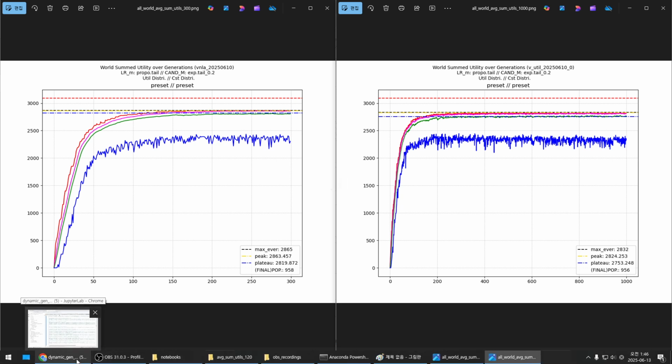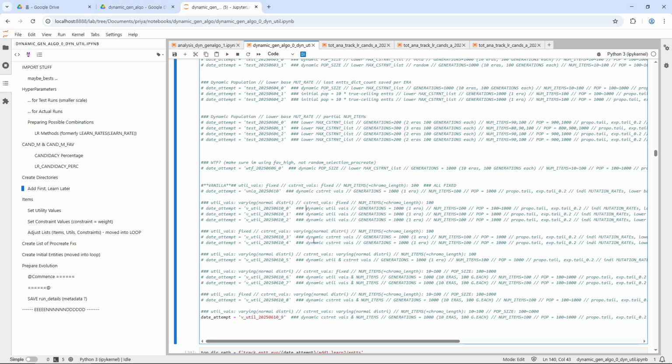But is that true? Is that really true? No, it's not, because that was a trick question. This is where the utility values would be varying, following some sort of a normal distribution.